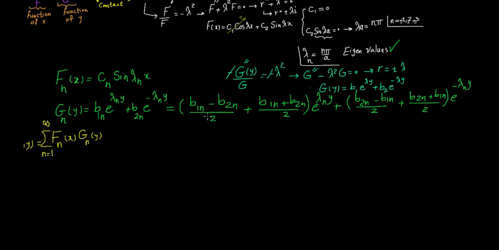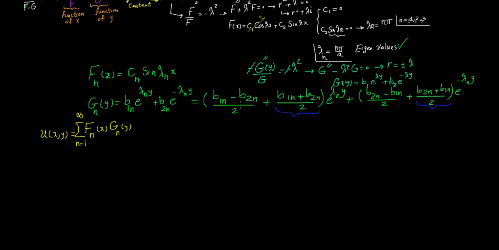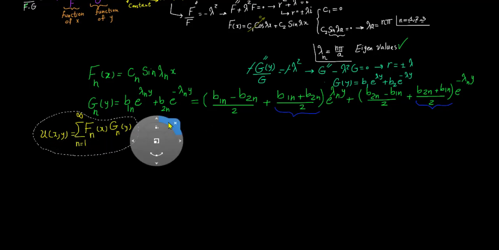Now we can FOIL this by exponential of lambda n, and if you notice, this blue term is repeating. So I can factor from b1n plus b2n over 2, basically the average of the two coefficients b1n and b2n.